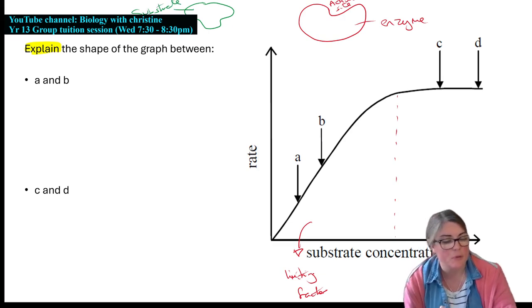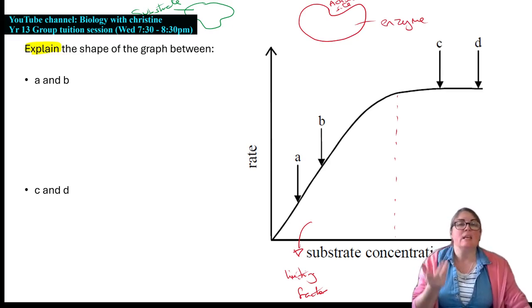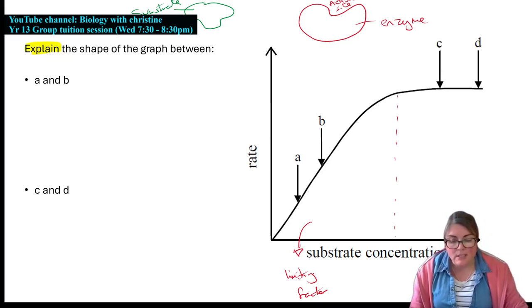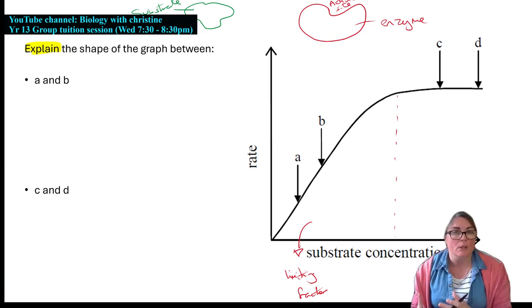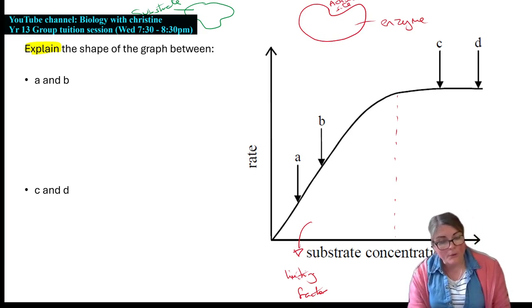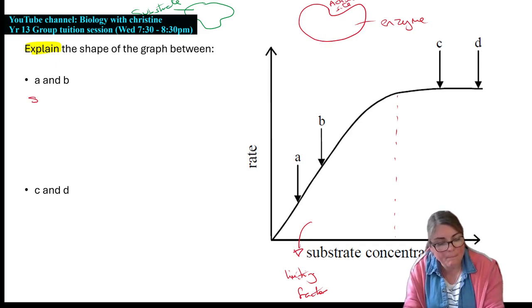So there's my substrate, there's my enzyme, that's my active site. Well, if I have, let's say, 20 enzymes but only one substrate, the rate of reaction is going to be lower. Why? Because some active sites are free.